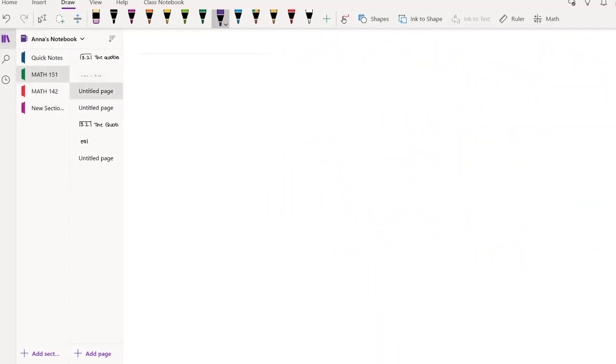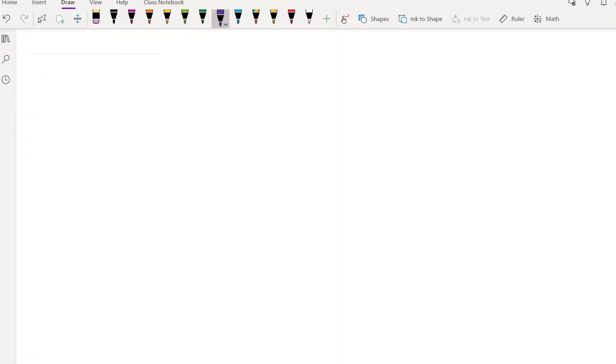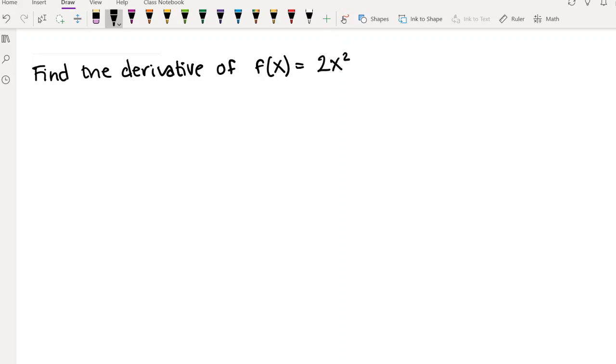All right, so I want to do one more example, and this last example, we're actually going to do it 2 different ways, in order to make a point. So our last example is we're going to find the derivative of f of x is equal to 2x squared minus 1 divided by square root of x, 2 different ways.